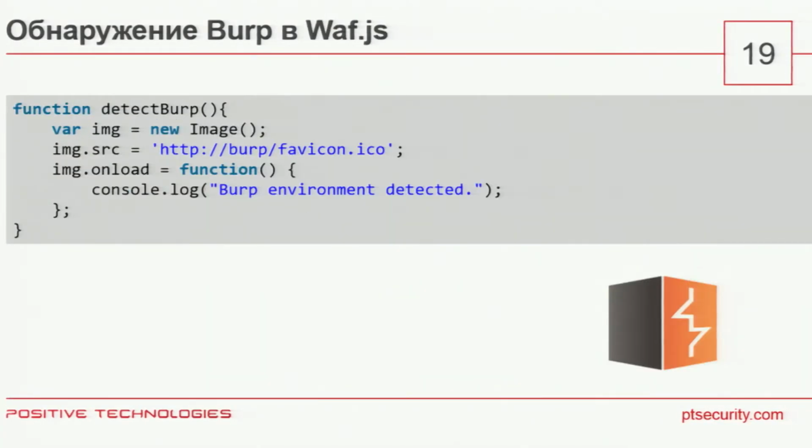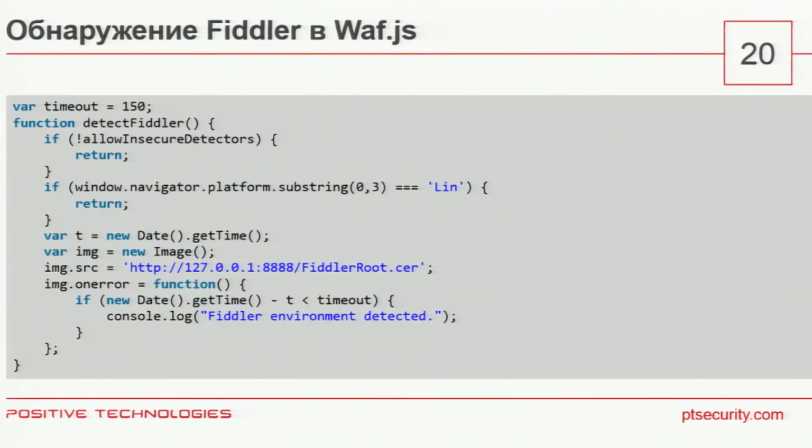Instead of using proxy pack, we are using an icon. The advantage is in that we're using dynamic image object that allows to load our icon, which is in fact an image. And with our onload handler, we can detect the presence of Burp in the user's environment.